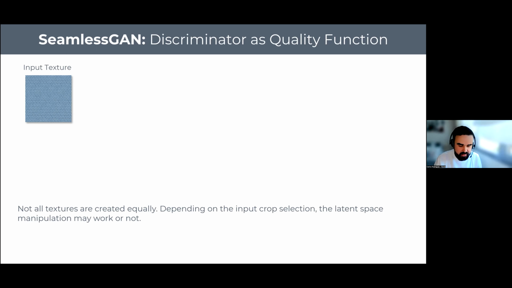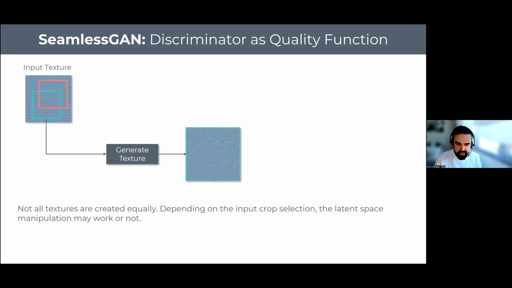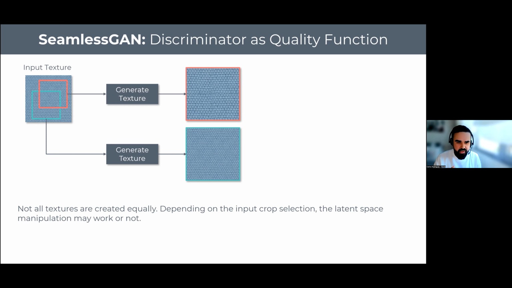So we exploit that. For example, for this blue crop, we feed it to the generator and it generates a really high quality image. But with this red crop, it generates an image with artifacts in the middle of it. This is because of the latent space tiling, which sometimes generates artifacts.